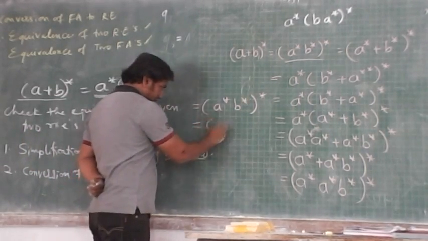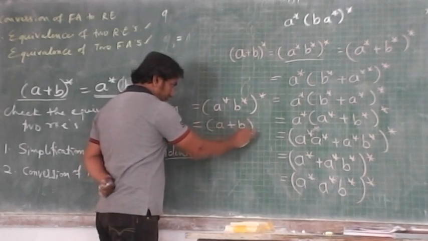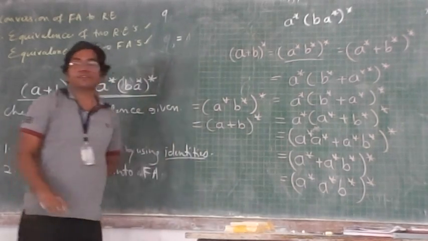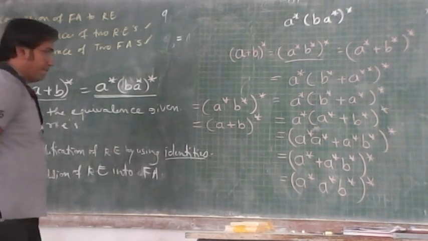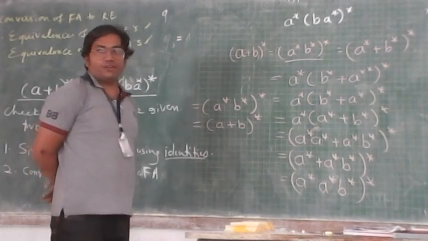And this, clearly, you can write this way: (A plus B) whole star. Check it out.